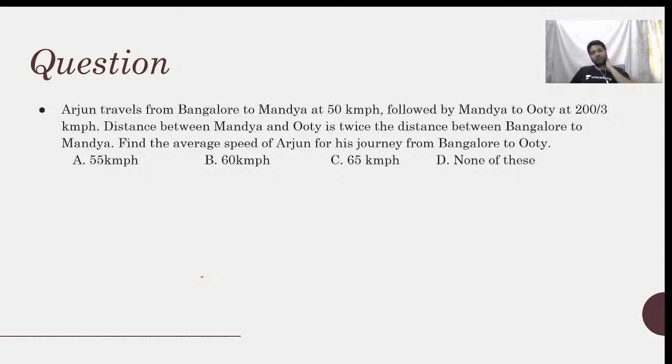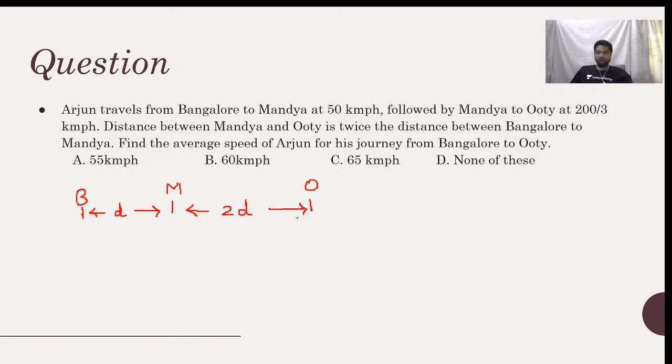Find the average speed of Arjun for his journey from Bangalore to Ooty. Let us say this is Bangalore, this is Mandya, this is Ooty. Let us say this distance is d kilometers. Then this distance will be 2d kilometers.